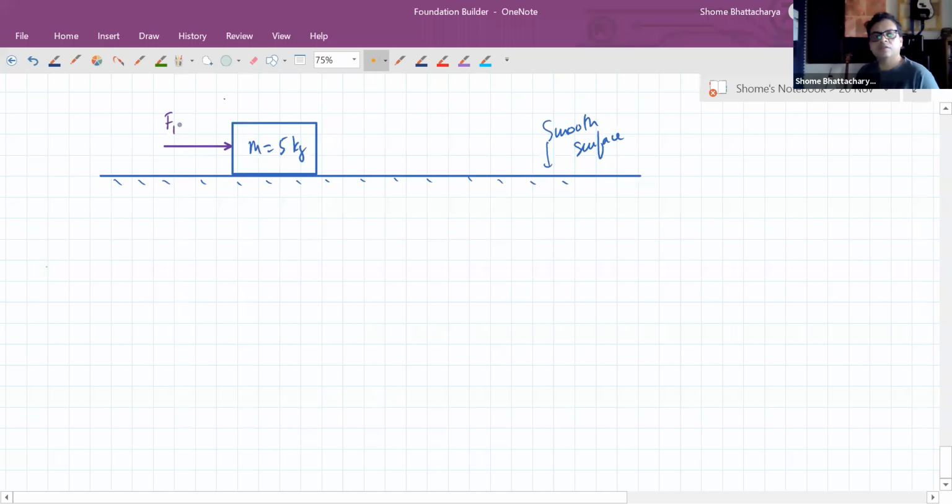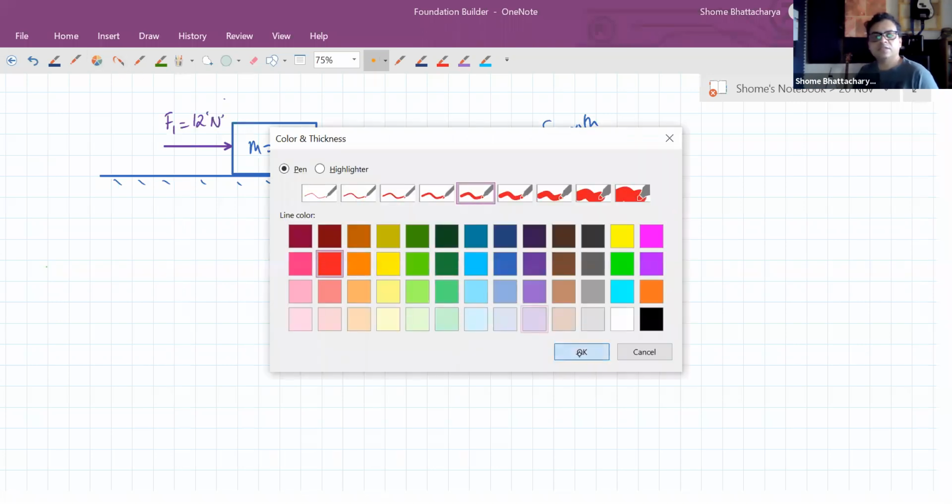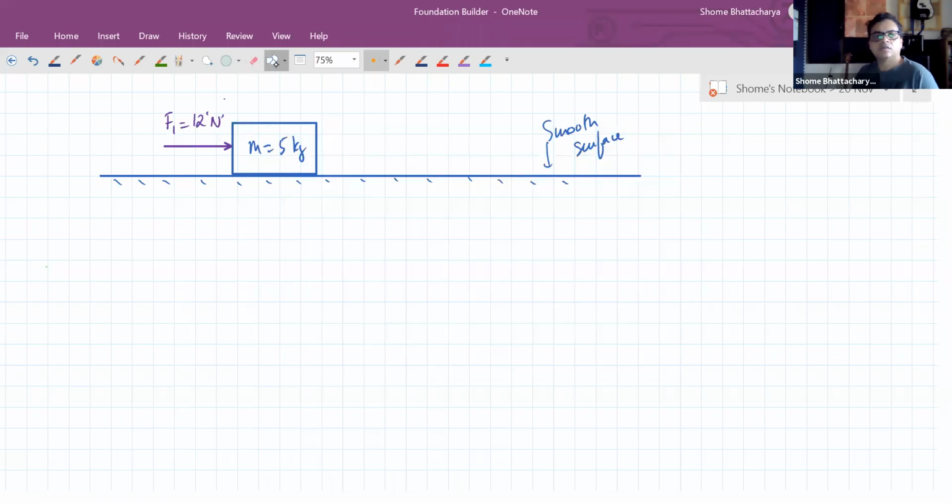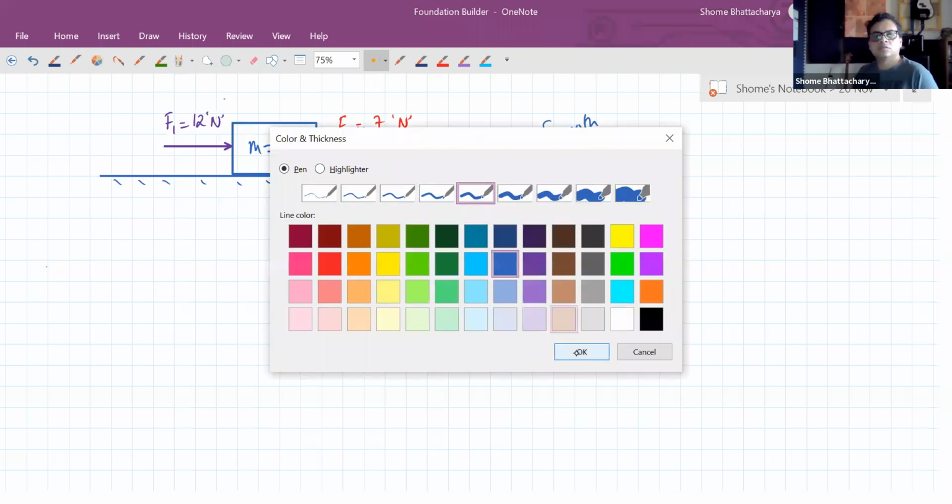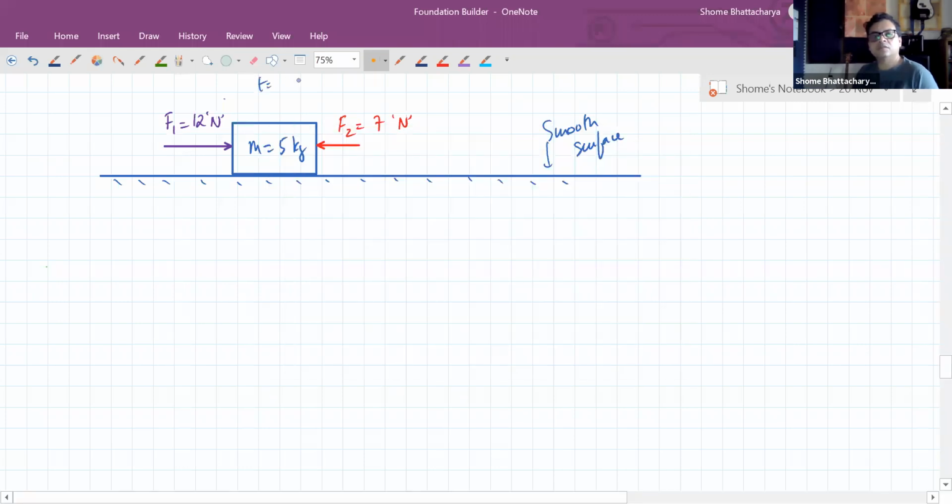One is F1, it is of magnitude 12 newtons. We also start applying a force from the opposite direction, like this. This is of magnitude 7 newtons. So initially the block is at rest.